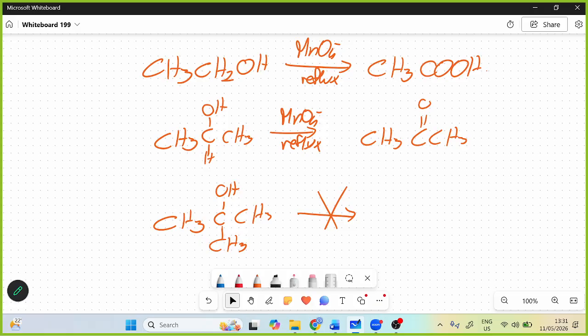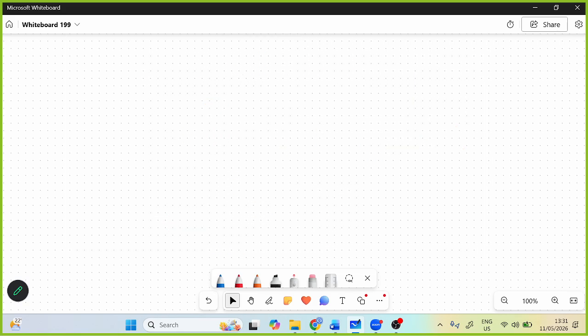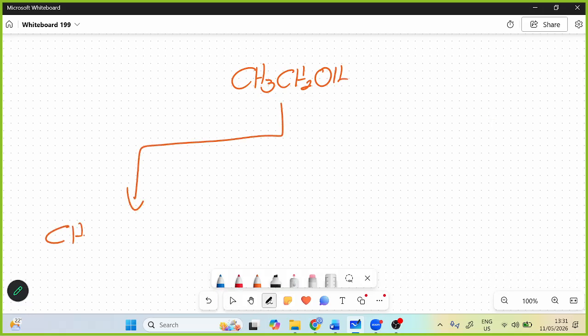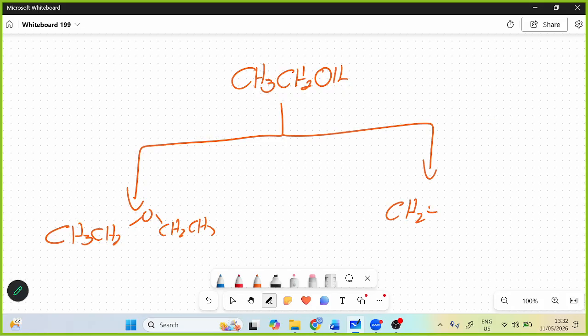Then you have the dehydration of alcohols. Alcohols can be dehydrated to either alkenes or ethers. So the same alcohol can form either the ether or the alkene.